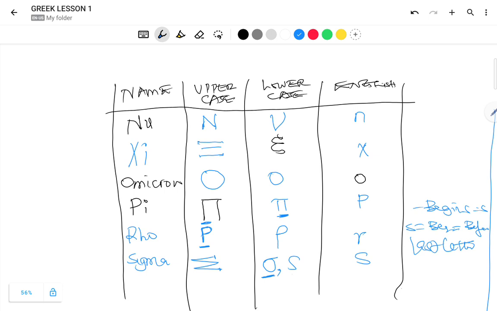Now, this other sigma, the one that is more similar to the actual English letter S, is called the last sigma, the ending sigma. That means it's used where the word ends with a sigma, ends with an S. That is when this sigma is used.